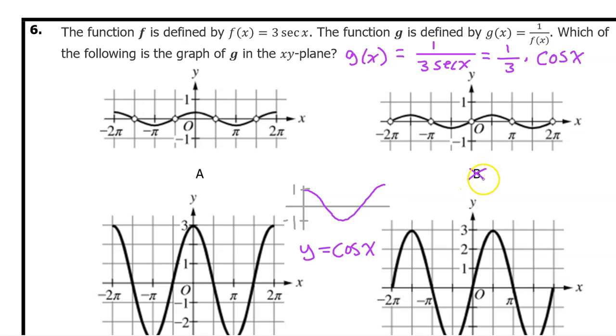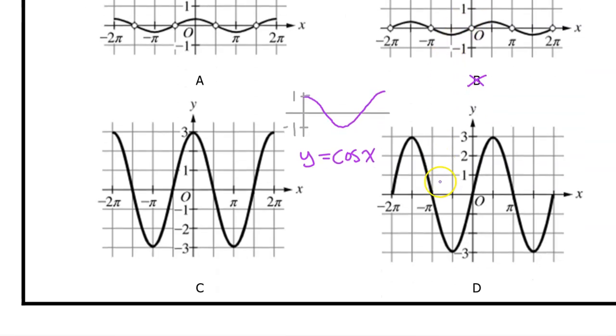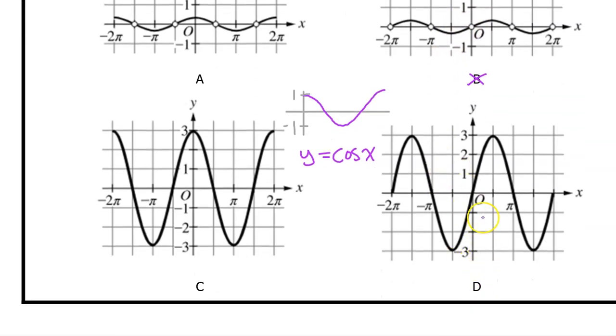B is out, because at x equals 0, it's at the midline, not its highest value. Similarly, D is out for the same reason. It starts at 0 and then goes up from there. So D is out. C is still in for one more moment, because it does start at its highest value at x equals 0, and then falls and rises.